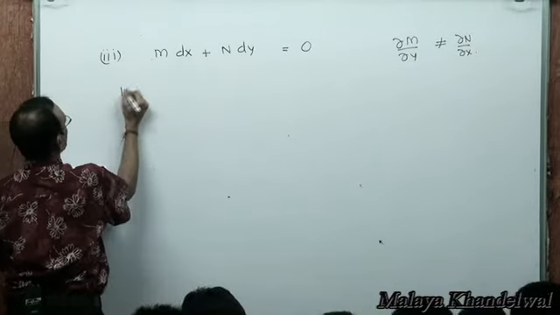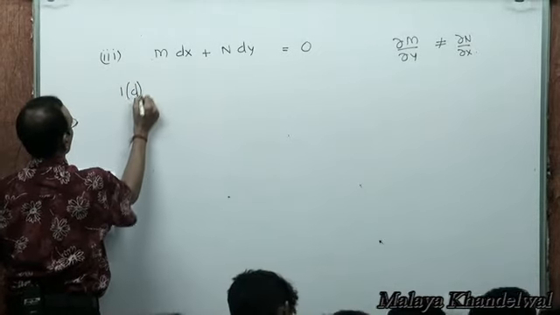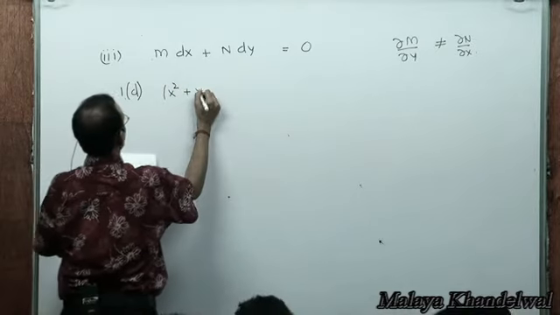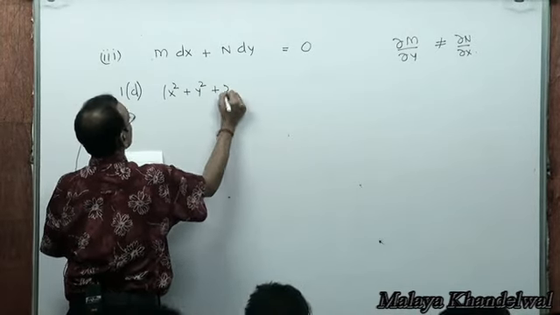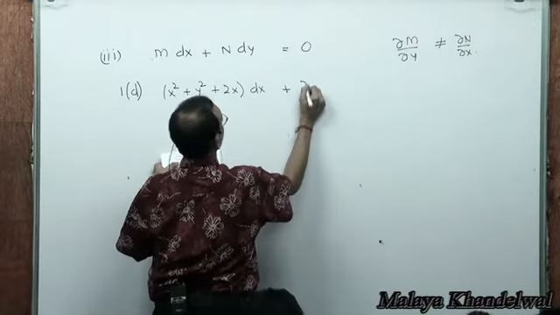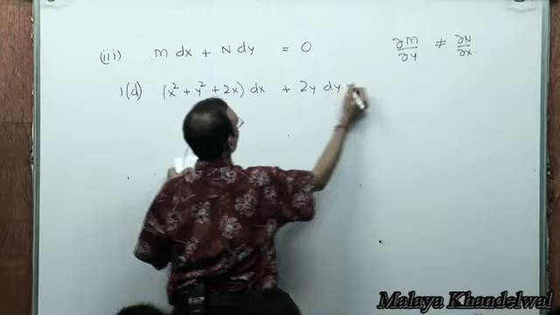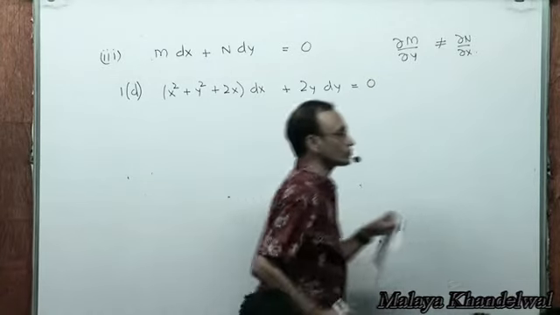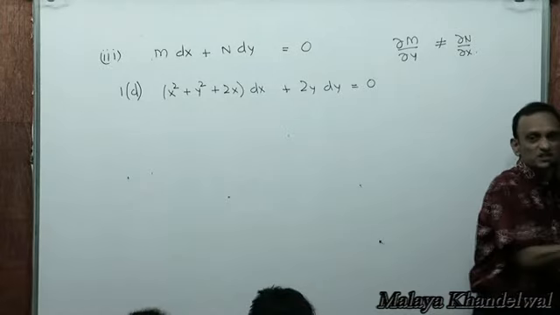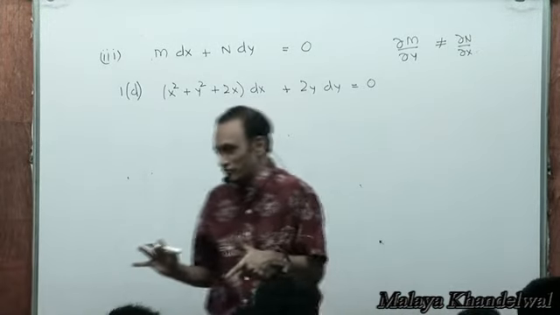Look at 1 part D: (x squared plus y squared plus 2x) dx plus 2y dy equal to 0. First, ensure that it's not an exact differential.